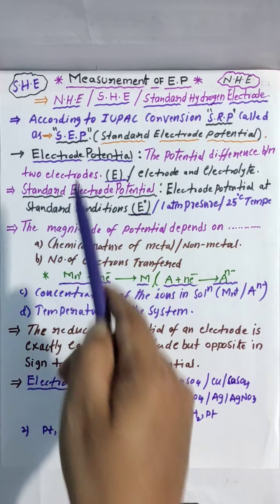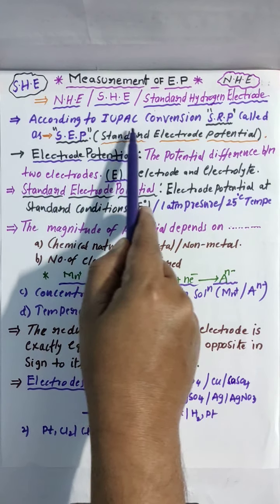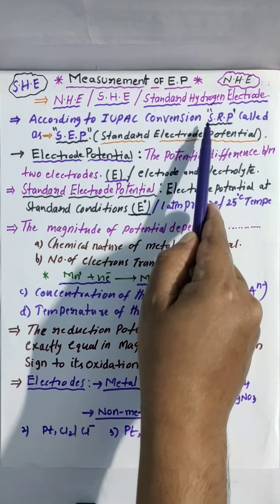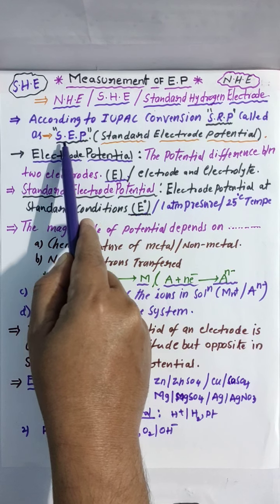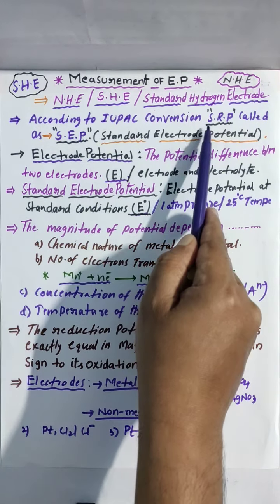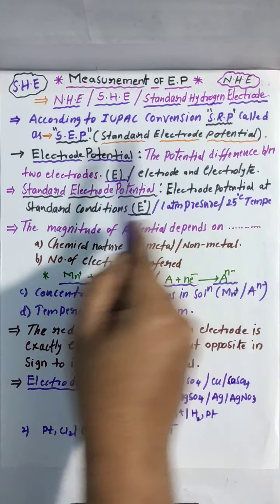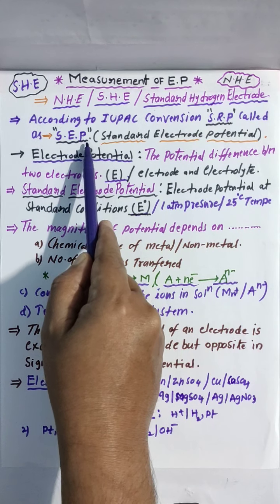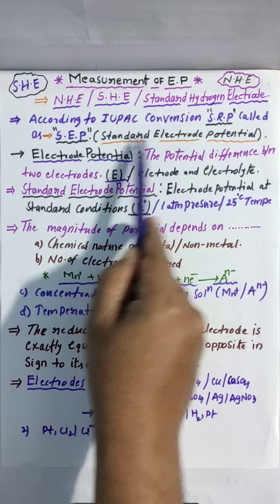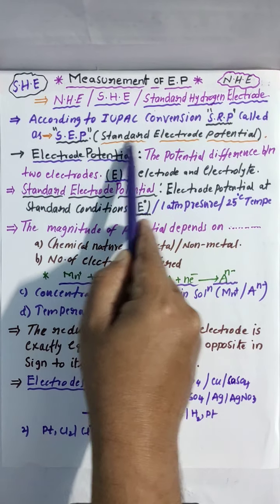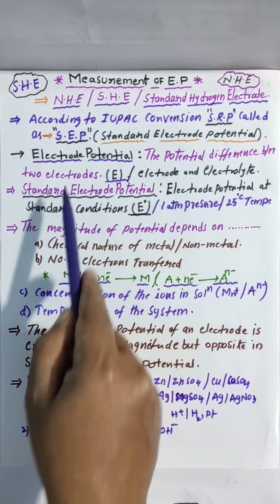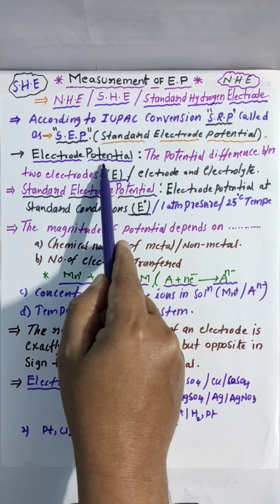You know very well, according to IUPAC convention, standard reduction potential is called standard electrode potential. Both are the same. What is meant by electrode potential?